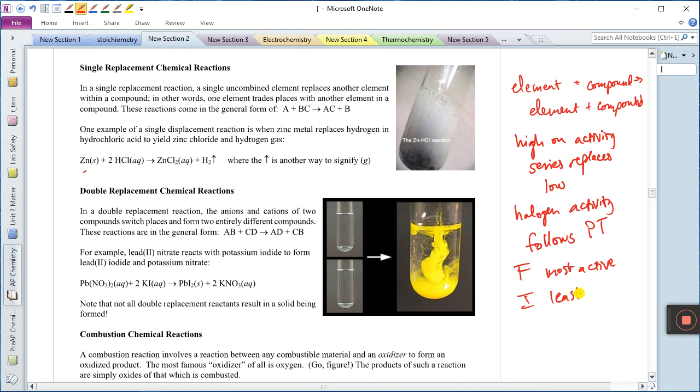So if I put liquid bromine in with hydrofluoric acid, is anything going to happen? No, because fluorine's already part of a compound, it wants to be part of the compound. But if I put liquid bromine in with hydroiodic acid, then the bromine will replace the iodine. Because bromine is more active, it wants to be part of the compound.